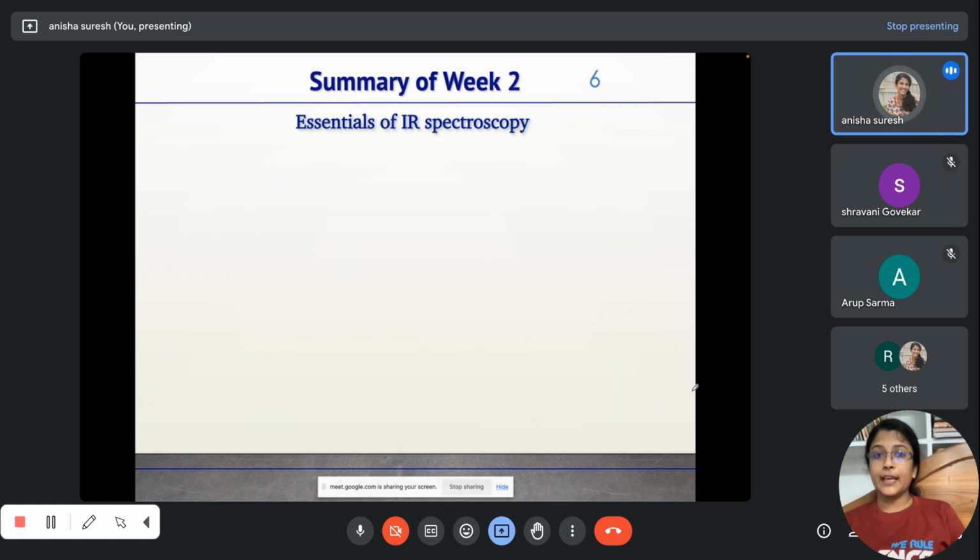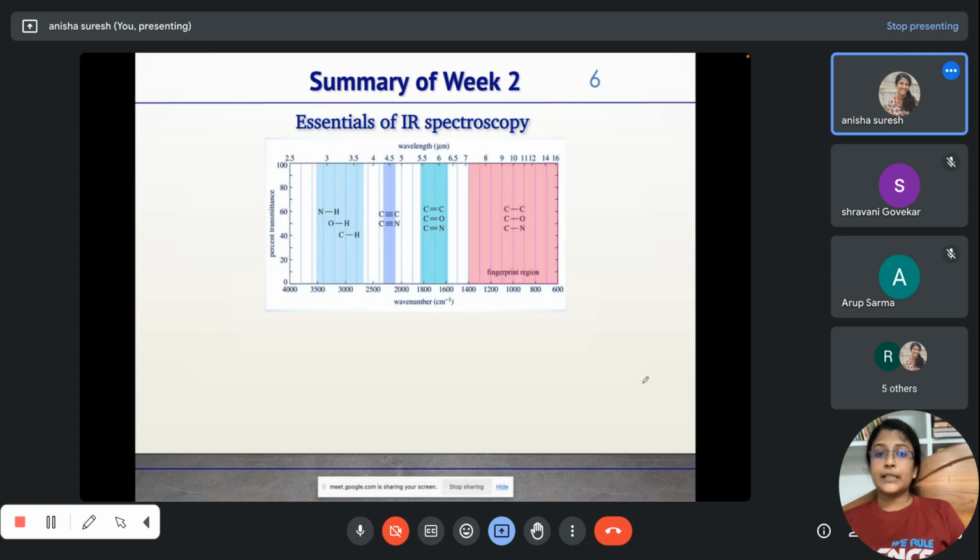Let us see a chart where C single bond C, C single bond O, and C single bond N are present in the region between 600 and 1400 centimeter inverse. Wave number equals 1 by lambda.